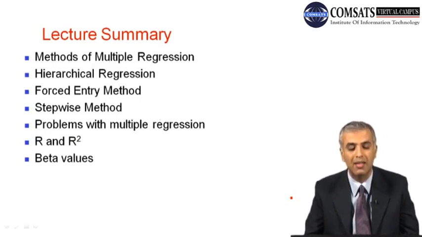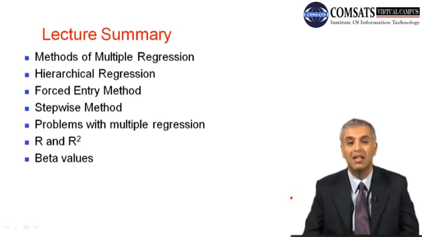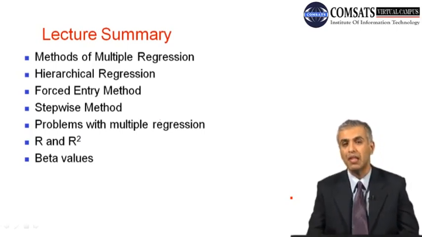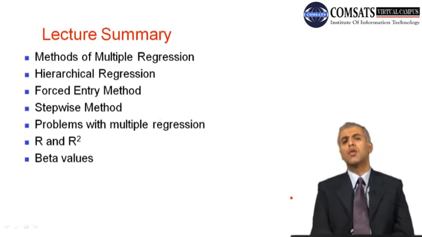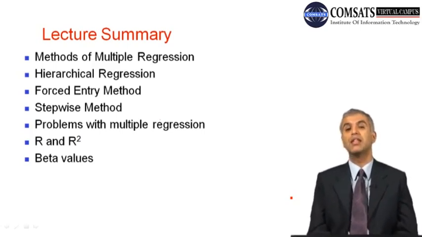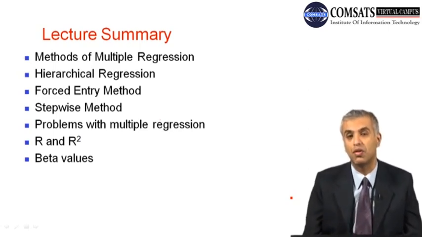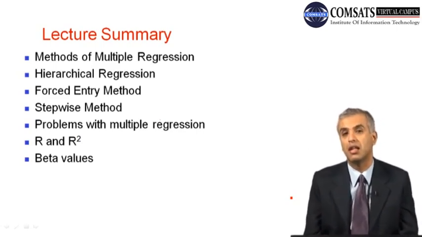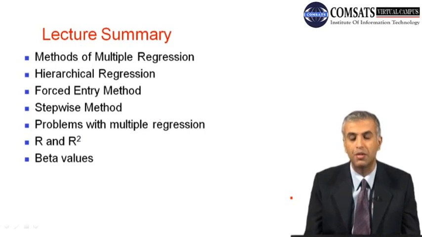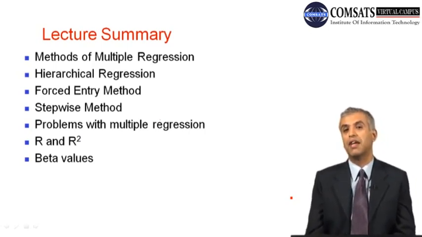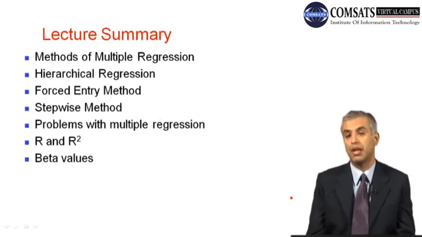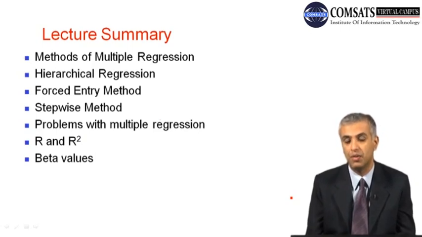Once we had discussed this method, we had a detailed look at the forced entry method, in which we include all the variables simultaneously. This method has been the focus of attention in many research studies, and it has been argued that the forced entry method should only be considered when we are very clear about the theoretical perspective of the idea we are pursuing, and the data set should also be taken into view.